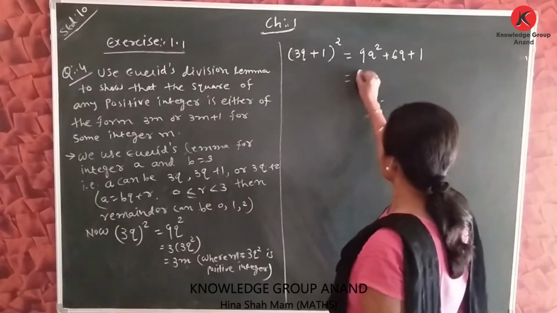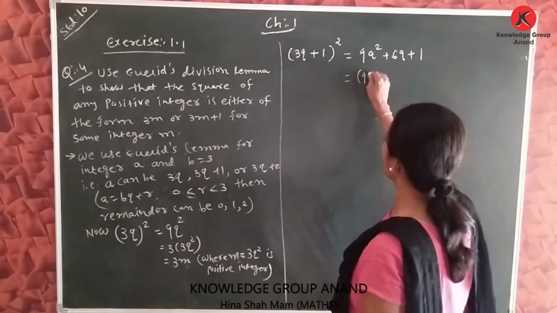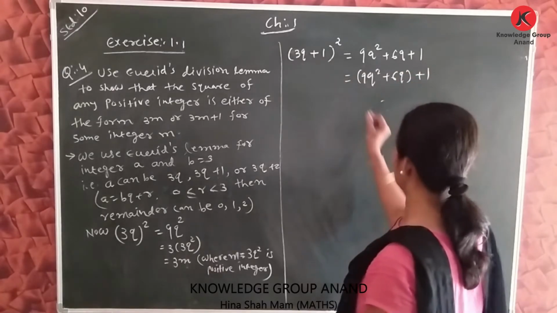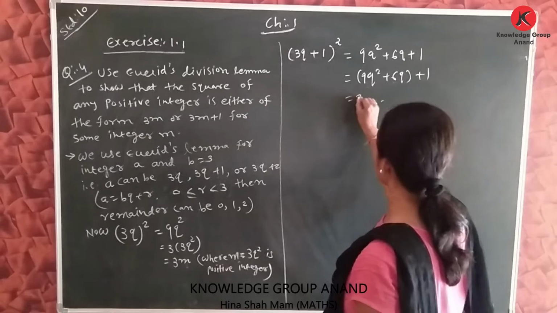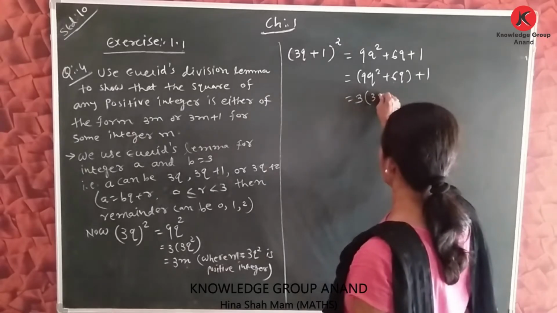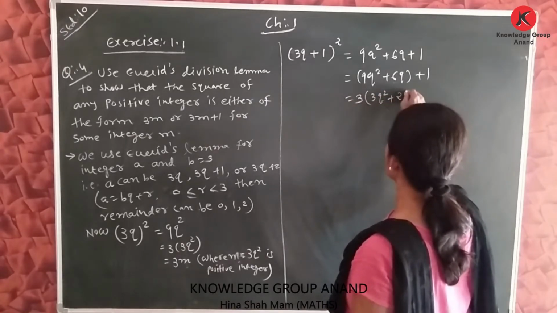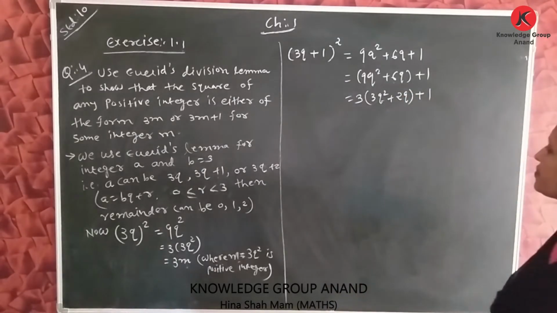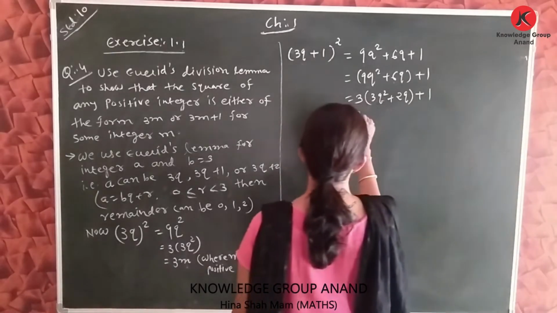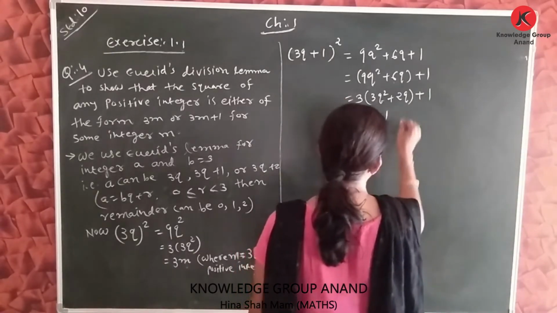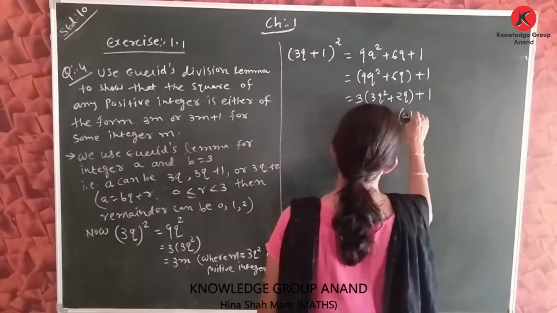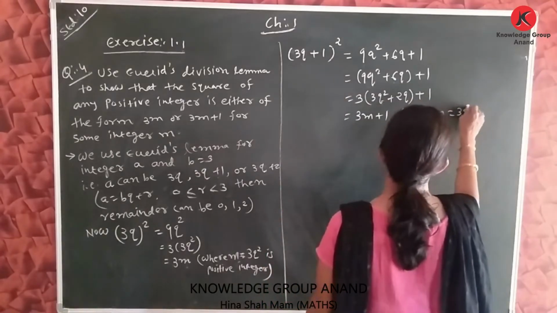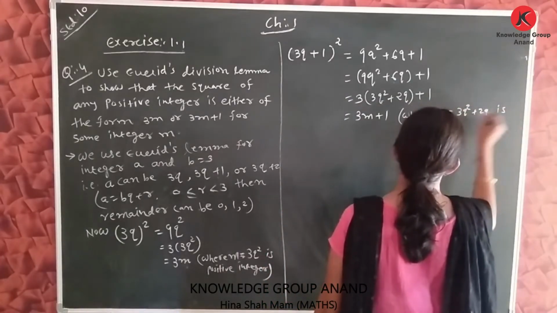Here we arrange the terms: 9q square plus 6q plus 1 equals, taking the common number 3, 3 into (3q square plus 2q) plus 1, which is 3m plus 1, where m is equal to 3q square plus 2q, an integer.